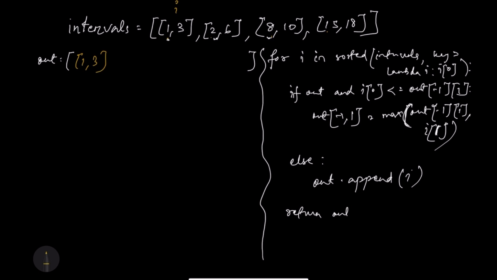Now our i has shifted to here. So now our i is 2 and 6. First we will see if our output is there. Yes, it is there. Now we will check if our i at 0th index, that is 2, is smaller than or equal to our output's last element's last position, that is 3.